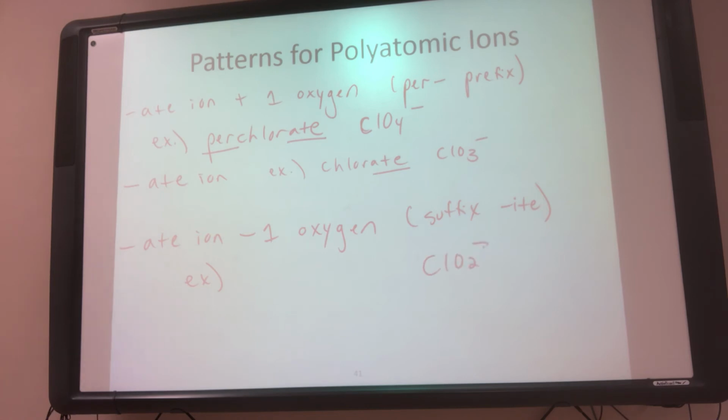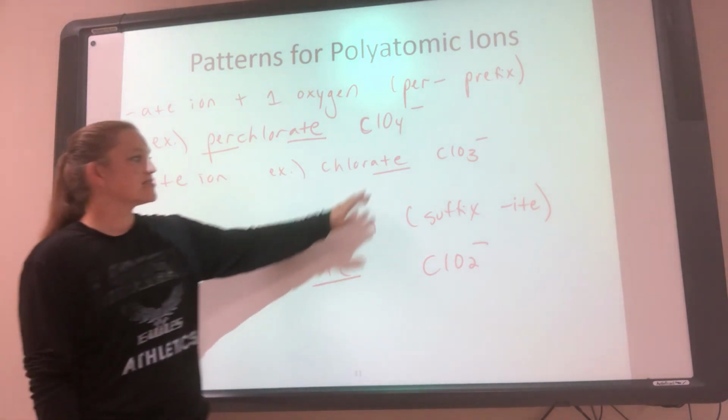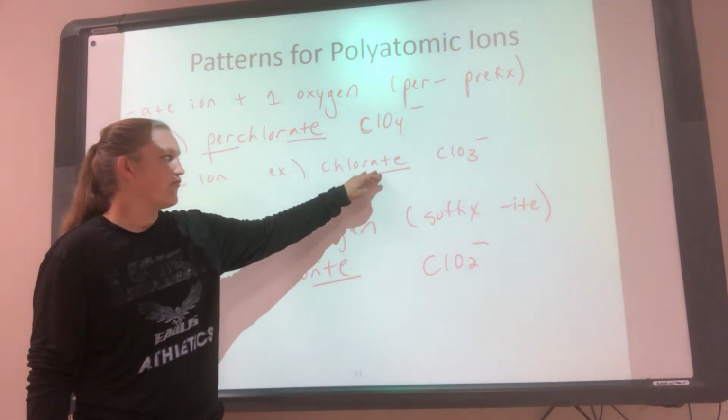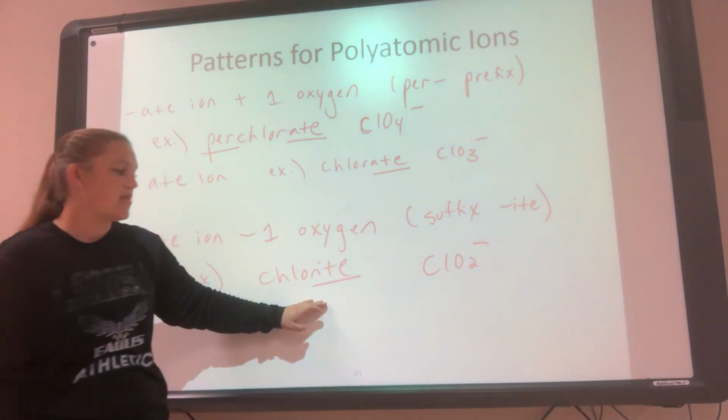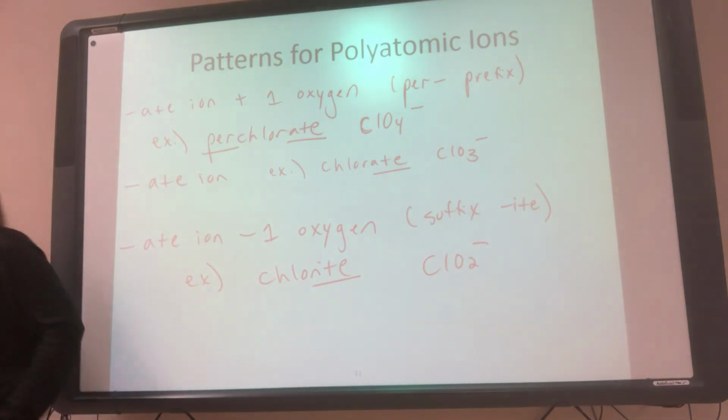So I remove an oxygen, 1 less than the base, and so now instead of it being an -ate, it's an -ite. So -ites always have 1 less oxygen than -ates. So if you know the -ate, you also have the -ite memorized.